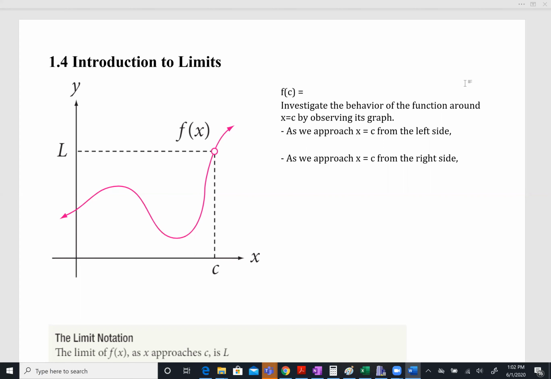Okay, so here you see that at x equal to c, on the graph there is an open circle, right? Open circle. So what does that mean? That means there is no value. There's no value of f(c). Or then there is no value of f(x) at x equal to c.